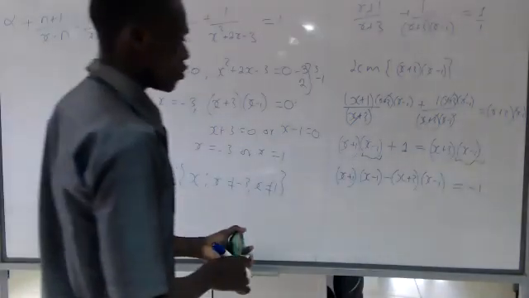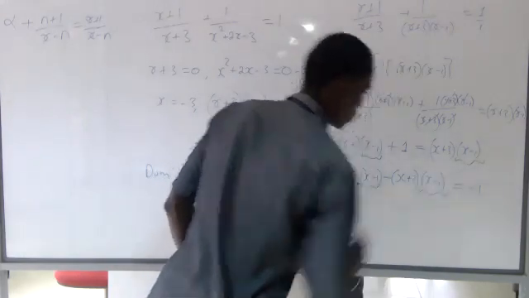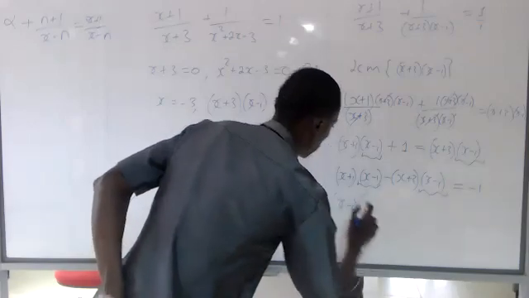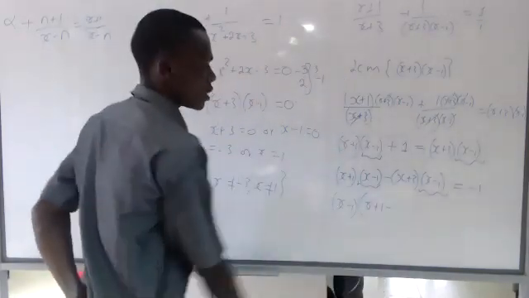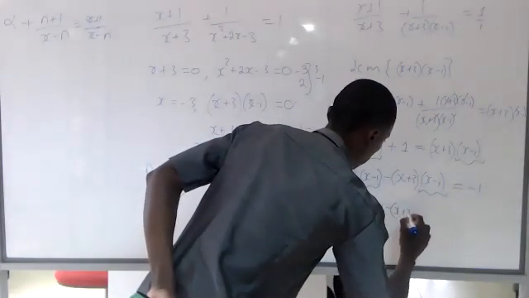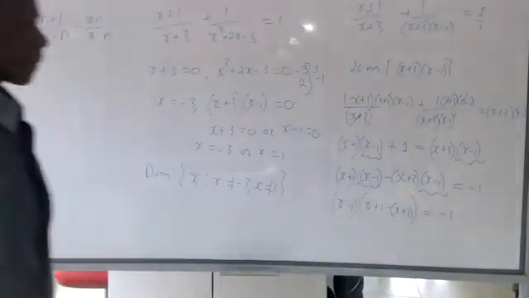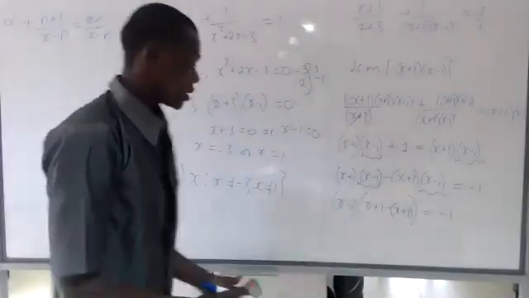Then now we can do factorization. These are common factors, x minus 1. So pull out x minus 1. In the first term, you get x plus 1 minus, in the second term, you get in brackets x plus 3, is equal to -1. Then work out what is inside this parenthesis.